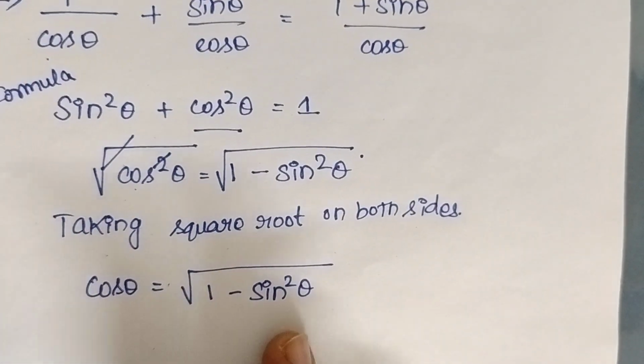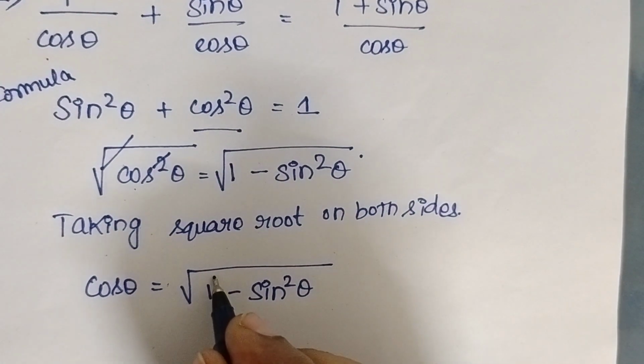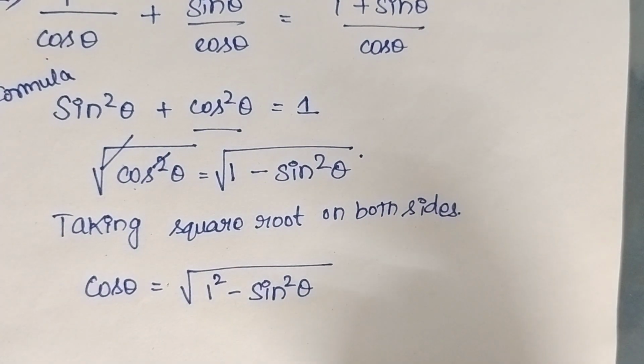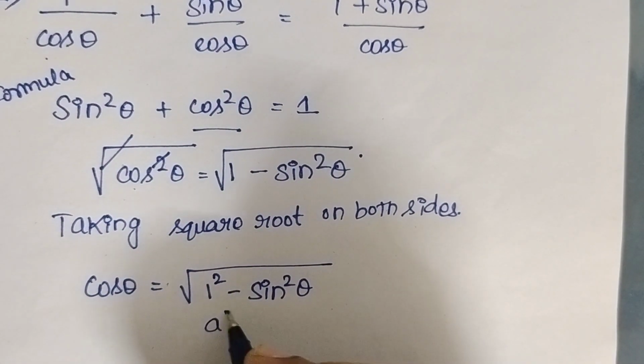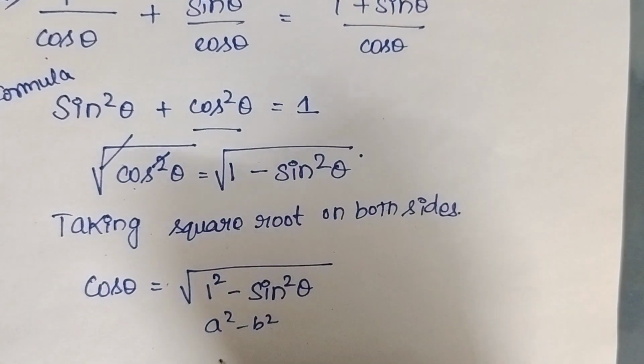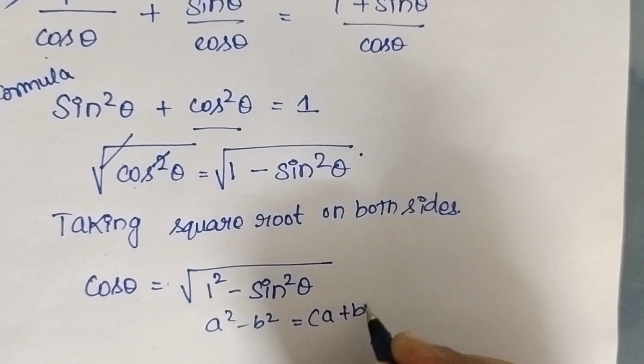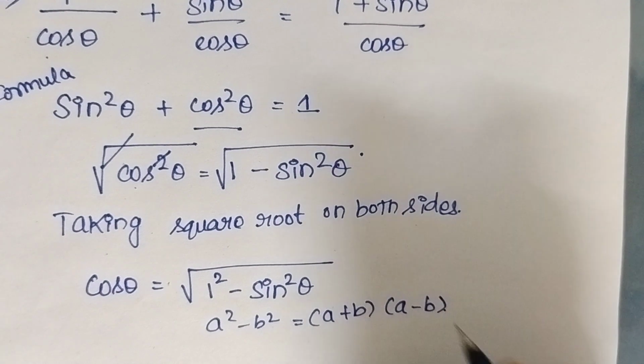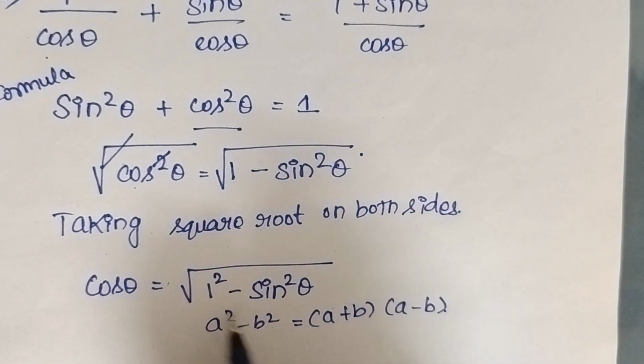Here 1 can be written as 1 square, so this is in the format of a square minus b square. The a square minus b square formula is a plus b into a minus b. So just apply this formula here.